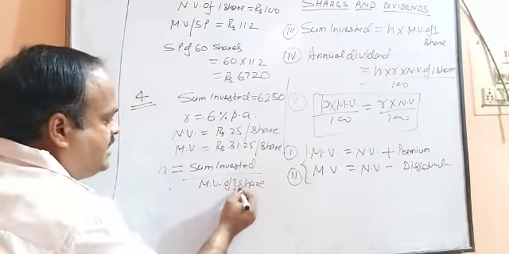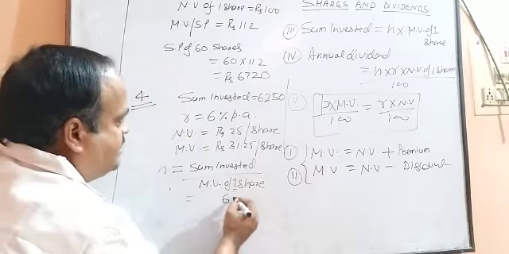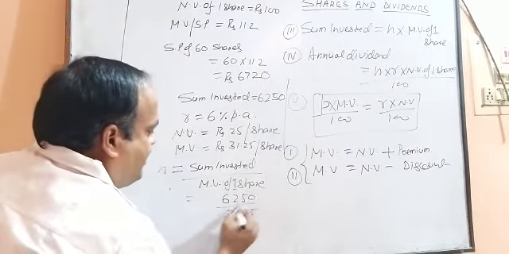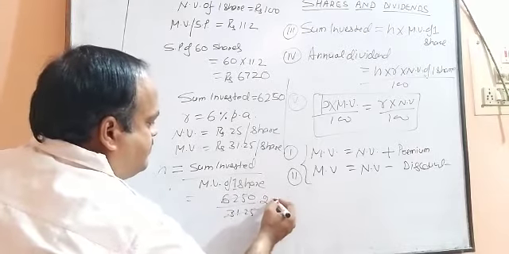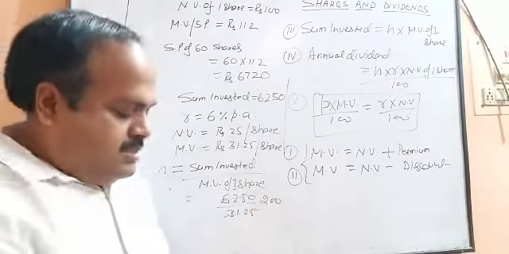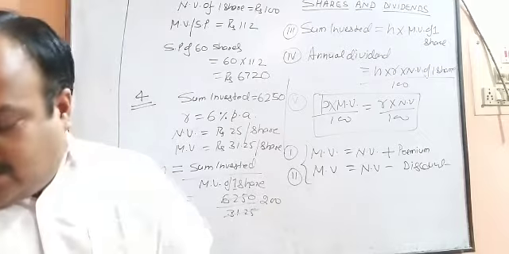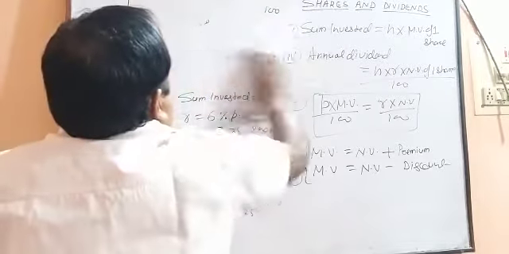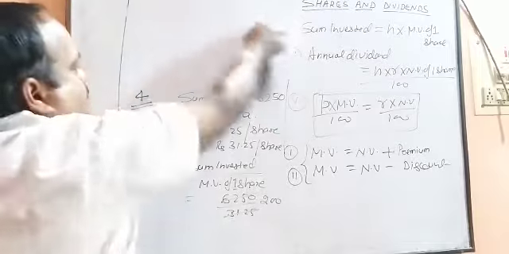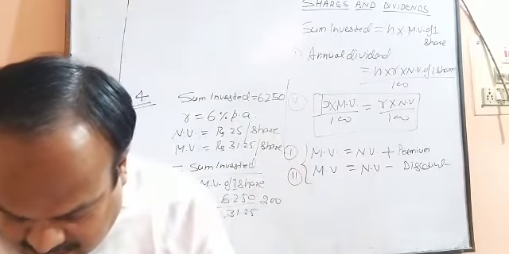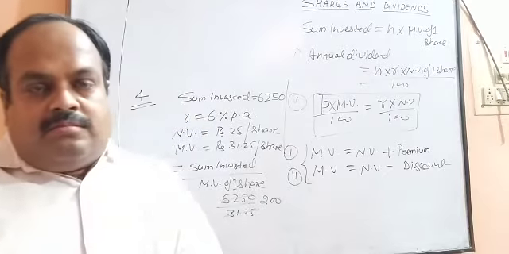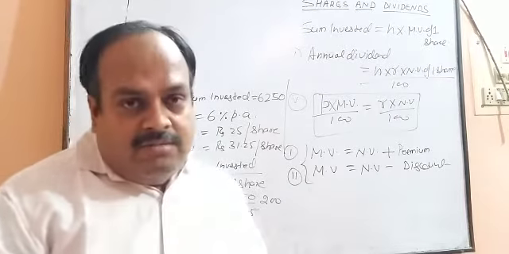Market value of one share, which comes as 6250 upon 31.25, that is 200. So Ravi purchased 200 shares. But we are asked the annual income made by Ravi.